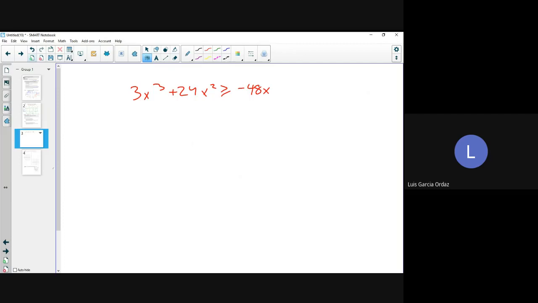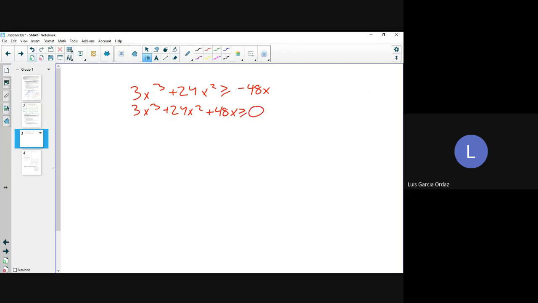What would our first step be before trying to factor this inequality? We're going to move the negative 48x over. So you get 3x cubed plus 24x squared plus 48x is greater than or equal to 0.